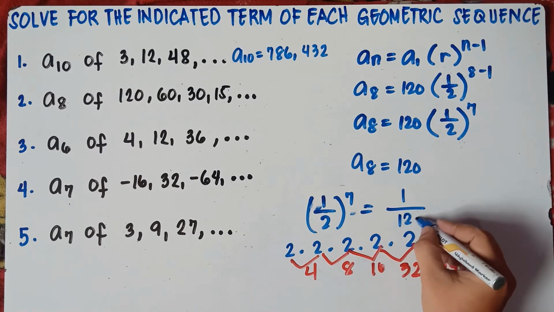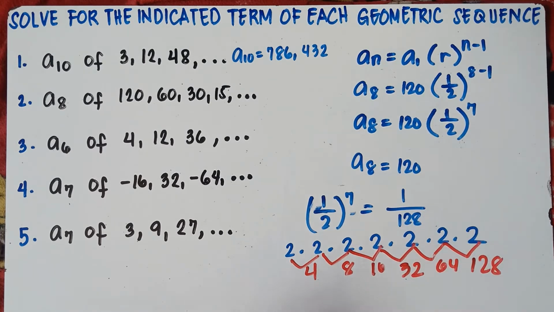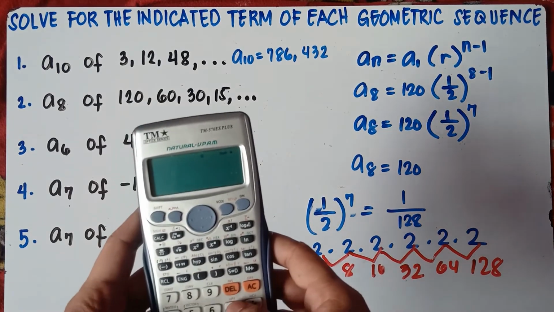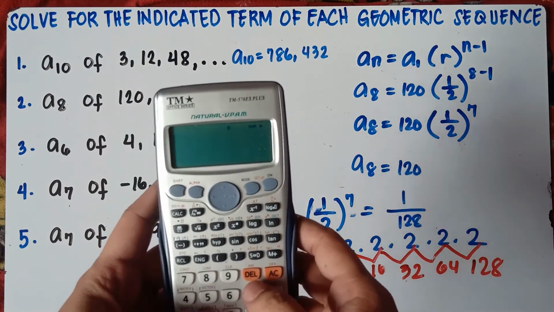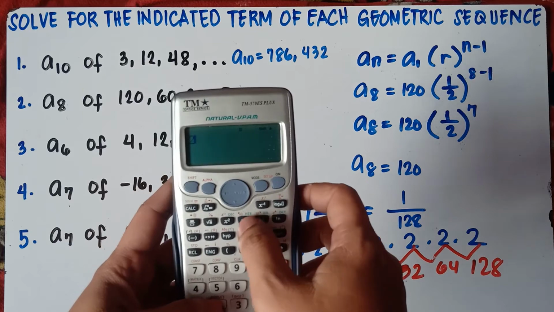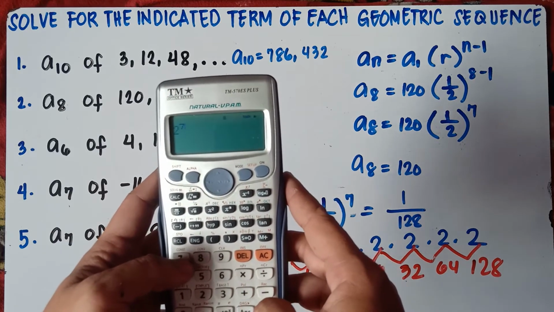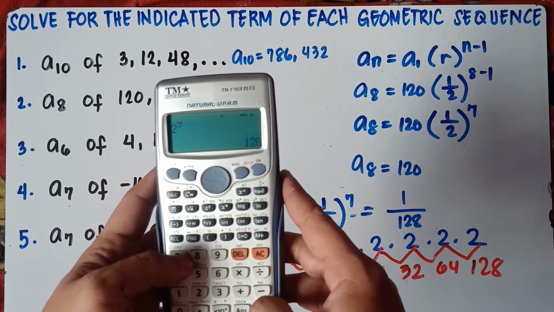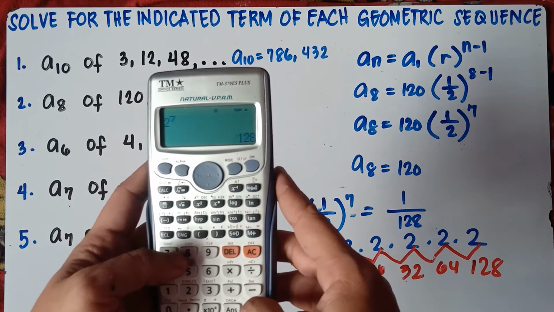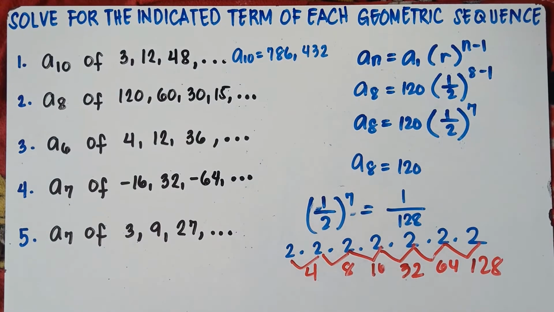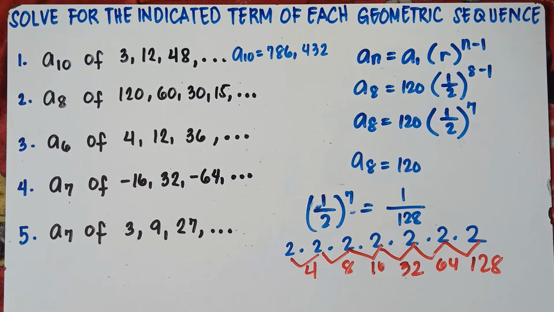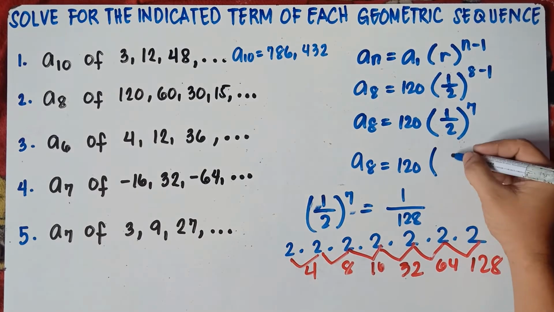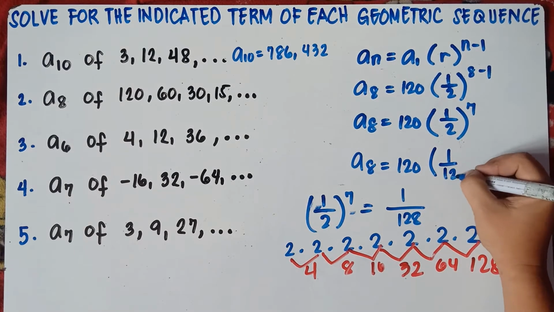This will be 128. Or, if the teacher will allow you to use a calculator, you can write it like this, 2 raised to the power of 7. So you multiply 2 by itself 7 times, you get 128. Alright, so 128. So this will be multiplied by 1 over 128.